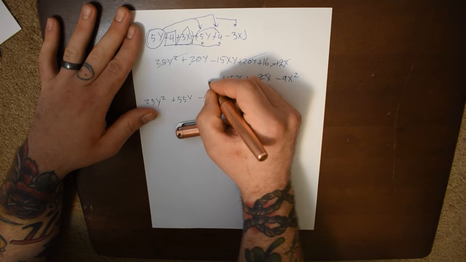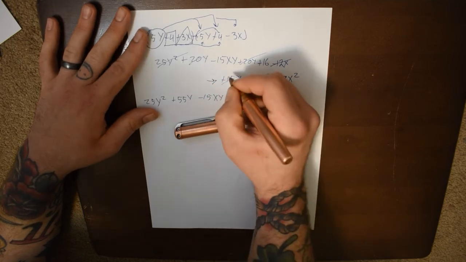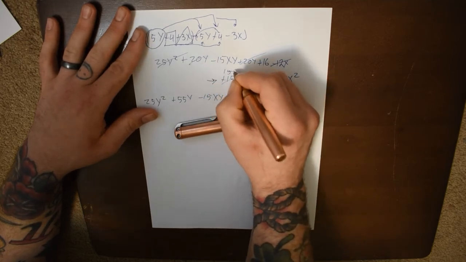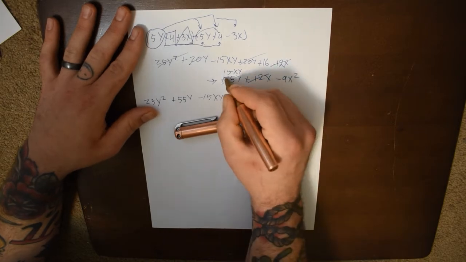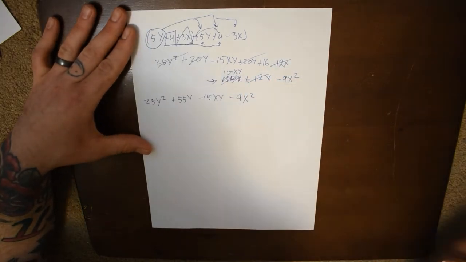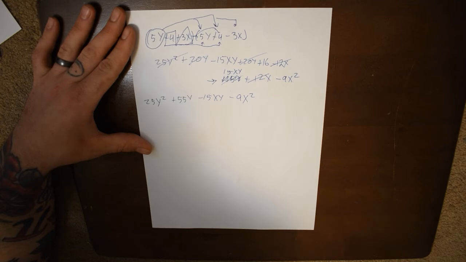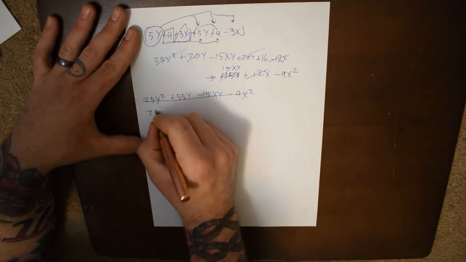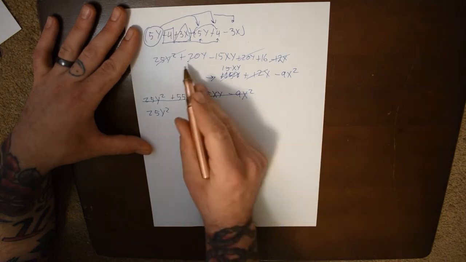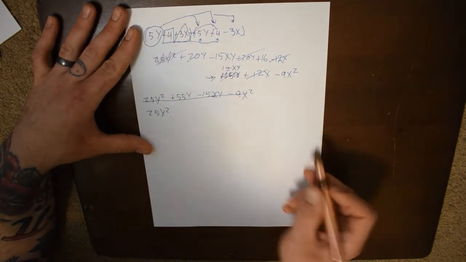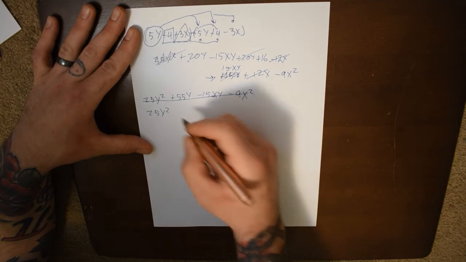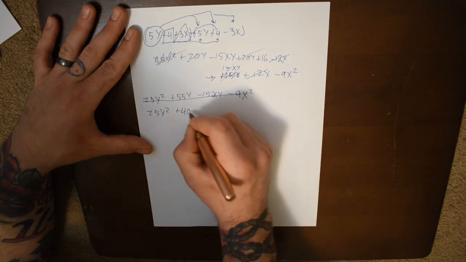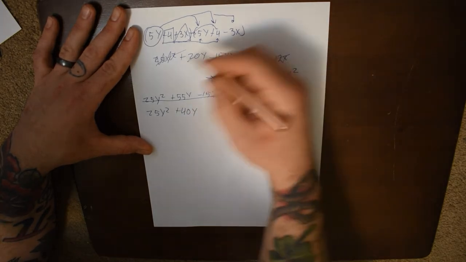There we go. Made my mistake right here. Should have been 15xy. So let's go through and gather our like terms one final time. We still have 25y squared. We have a 20y and another 20y to give us the plus 40y we were expecting.